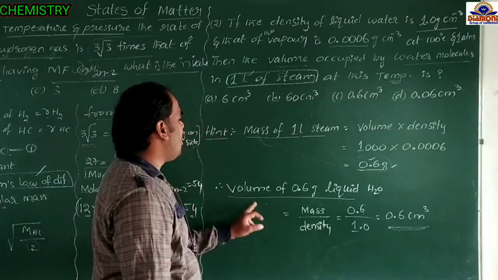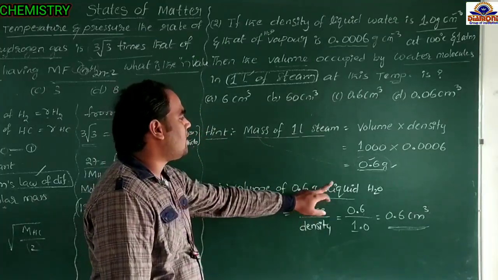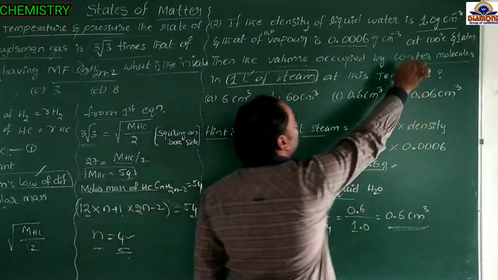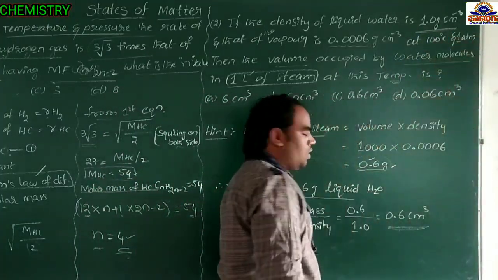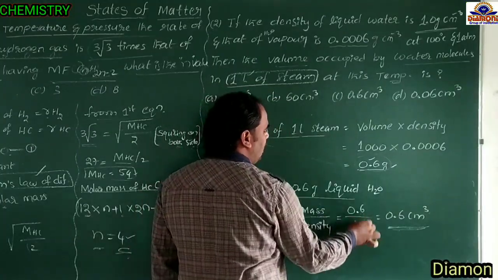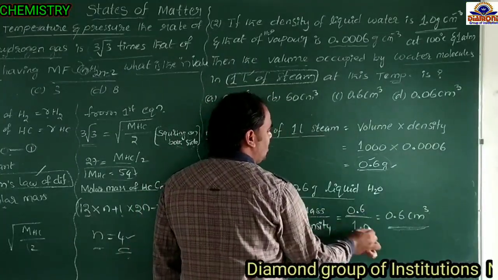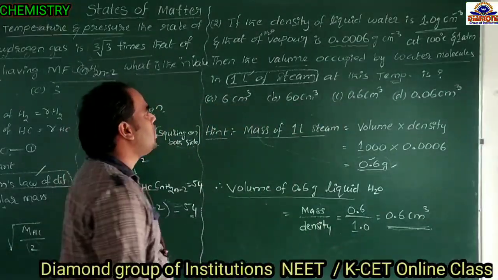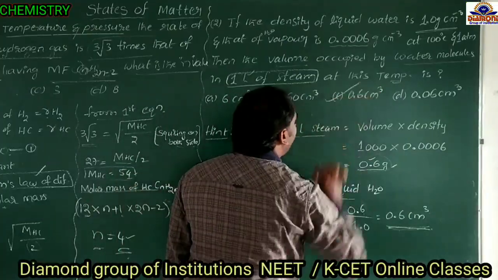And density of liquid water here is 1.0 gram. Okay, that is the density. Therefore, mass by density, 0.6 by 1.0, is nothing but 0.6 centimeter cube of volume. Therefore, option C is the answer.